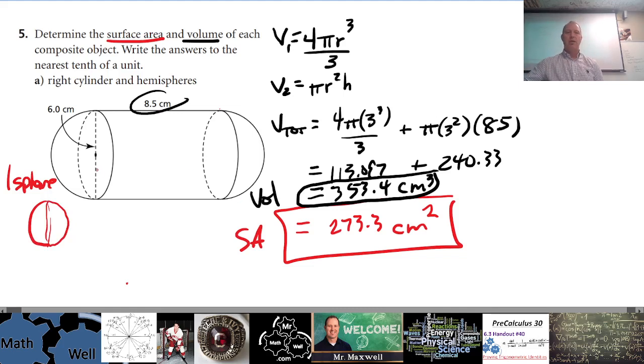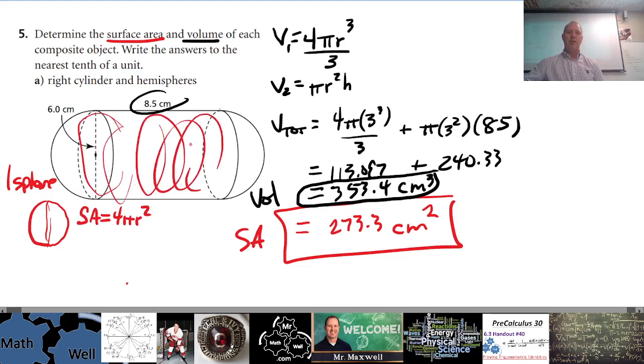The surface area for a sphere is 4 pi r squared. And the surface area for the wraparound part of the cylinder that you see here, we'll call it surface area 2, is going to be 2 pi r h.